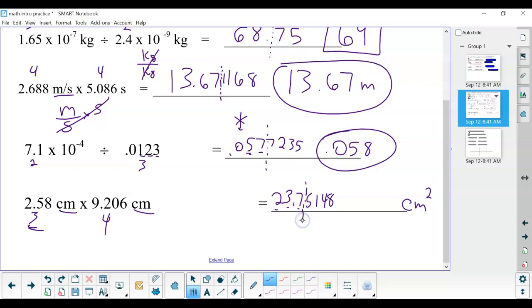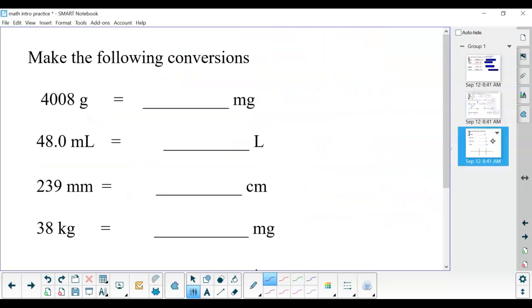There's my rounding point. 5s round up, 23.8. My answer includes 3 significant digits. I've got my units. Everything's good. I'll leave you to try and do these conversions using those metric prefixes on your own.